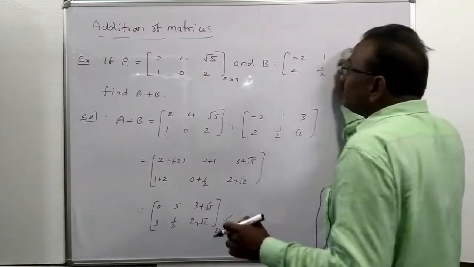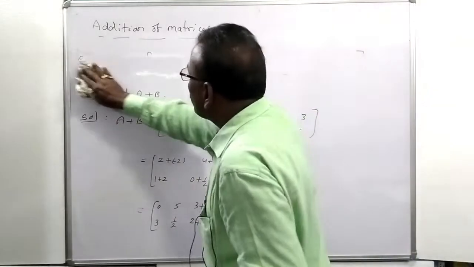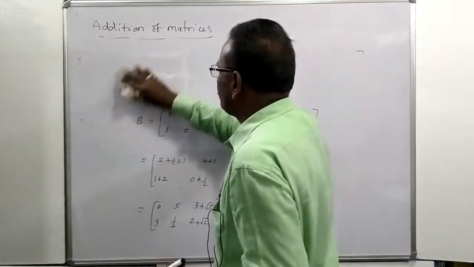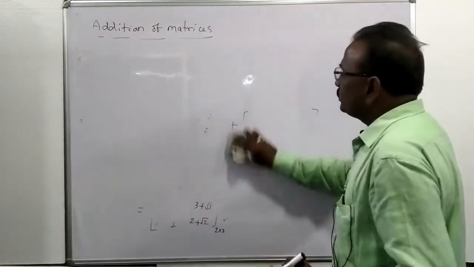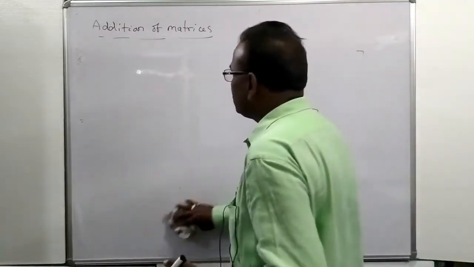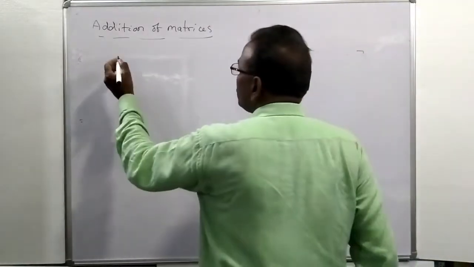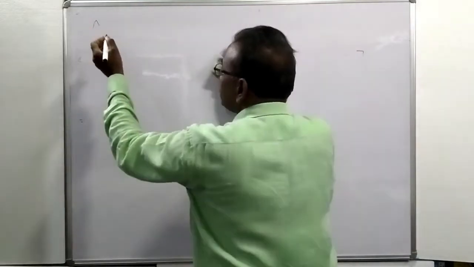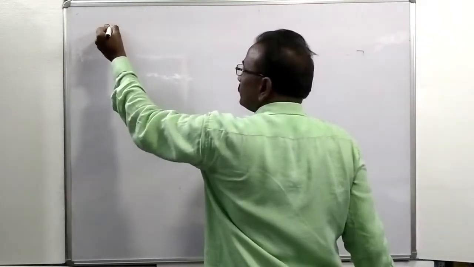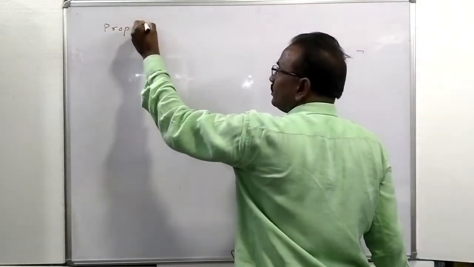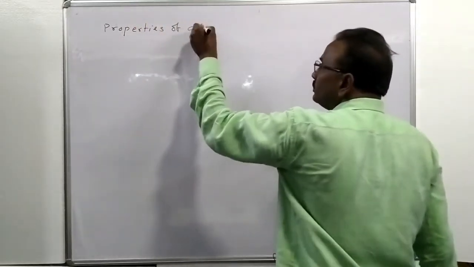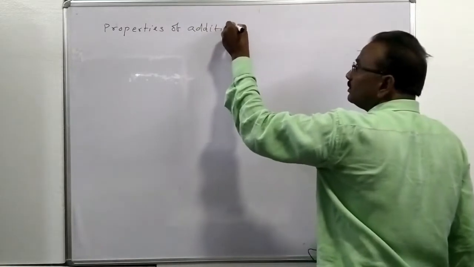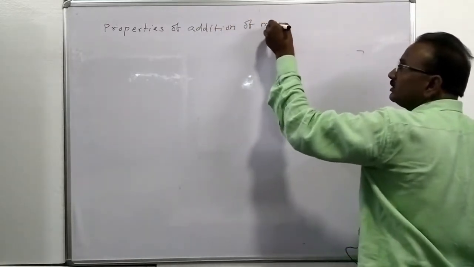Next, properties of addition of matrices. Clearly here B plus A, so A plus B is the same as B plus A. Properties of addition of matrices.